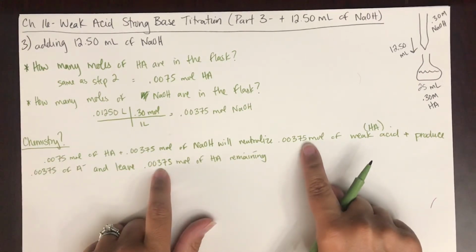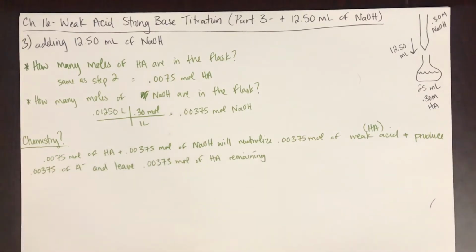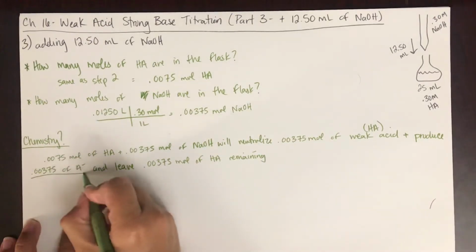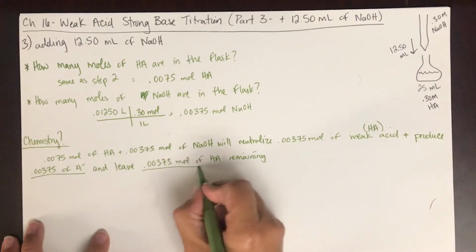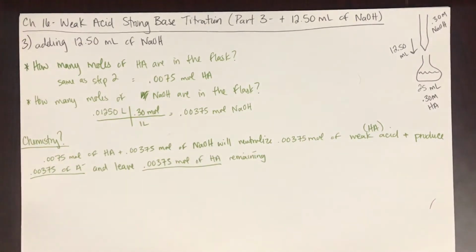It's half of it. And it's also going to produce 0.00375. So now what we have is the same situation as before. We have a buffer where we have 0.00375 moles of conjugate base and 0.00375 moles of weak acid. So we have a buffering system again.